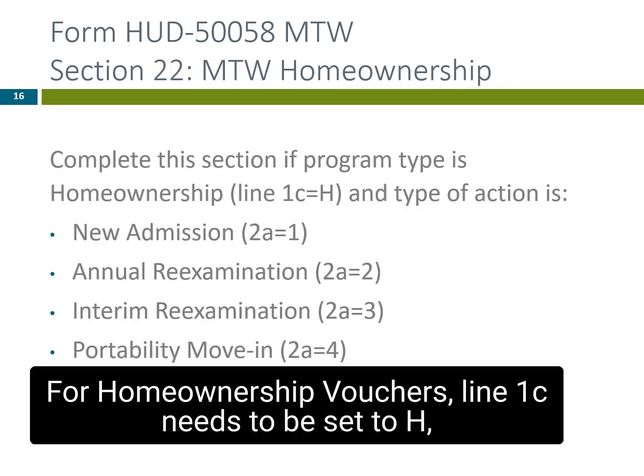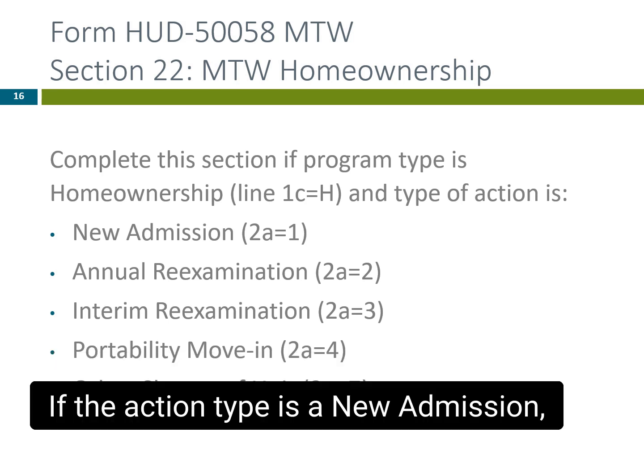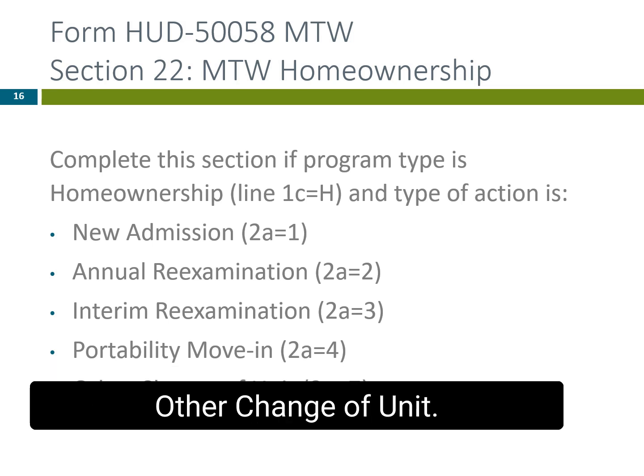For homeownership vouchers, line 1C needs to be set to H, and you will complete section 22 information for homeownership vouchers if the action type is a new admission, an annual or interim re-exam, a portability move-in, or other change of unit.